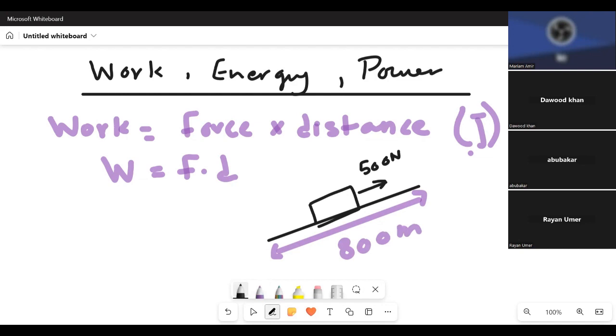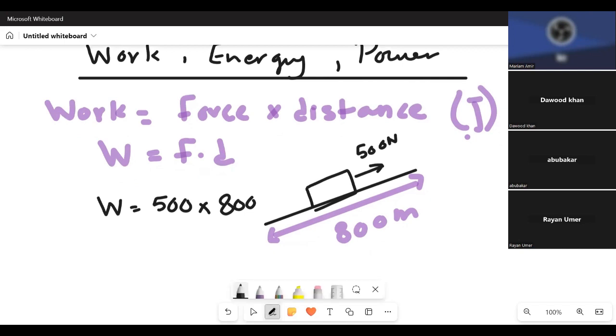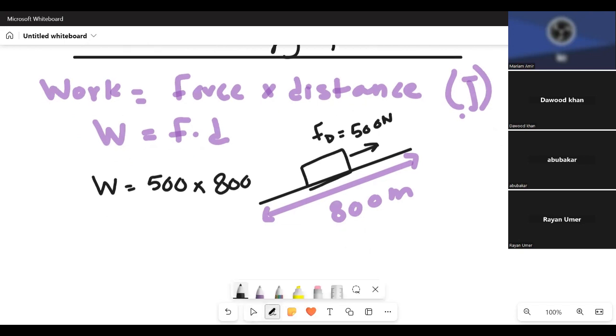Then the work done by this driving force of the lorry is going to be 500, which is the driving force, times 800, which is the distance covered by that force. This would be work done by the driving force, and you'll be told that this is the driving force. I'm calling that FD, driving force. Force of the engine is the driving force.